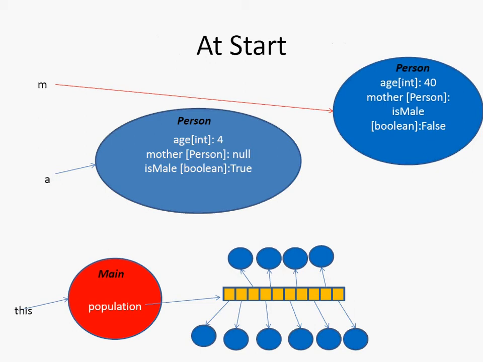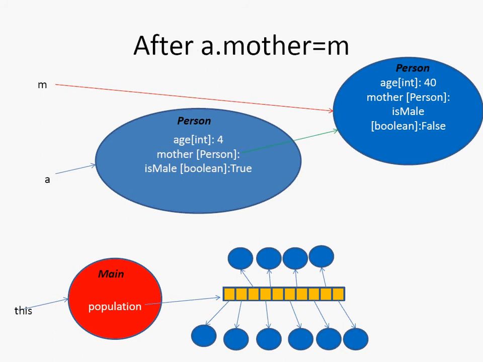The spot is not filled. You don't have anyone to refer to, and then we assign to it. A dot mother equals M. This thing suddenly refers to this guy. Boom! Okay? Now both of them refer to John. Our president is John, and the head of our Rotary Club is John. They're the same person.